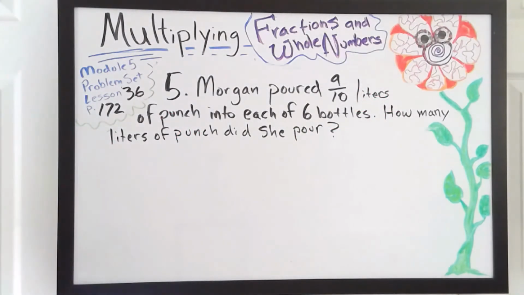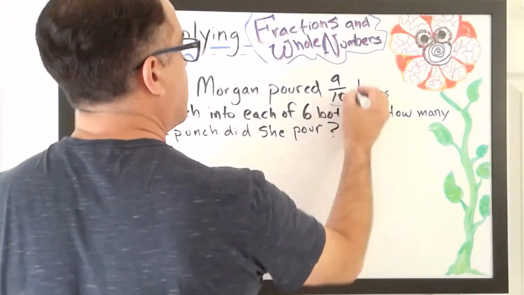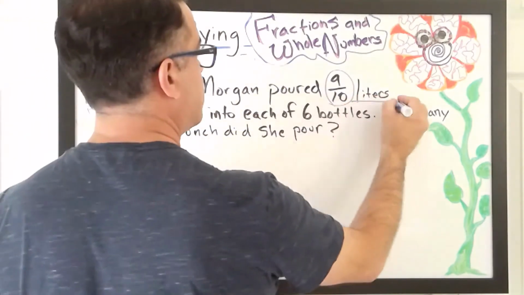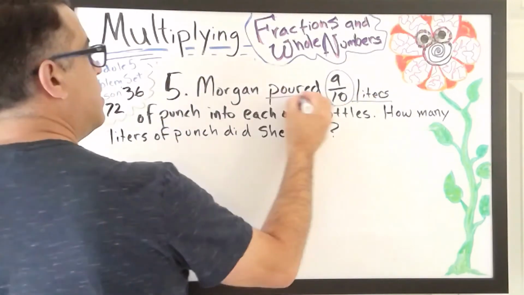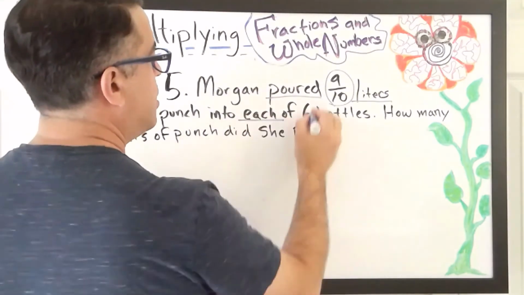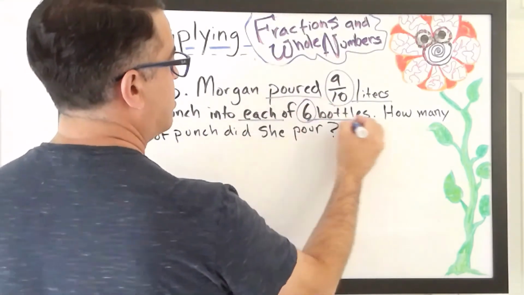Okay, now we're going to look at that word problem, number 5. And it says, remember we're doing RDW, Morgan poured 9/10 liters of punch. Let me underline liters. She poured 9/10 liters of punch into each, that's important, of 6 bottles.